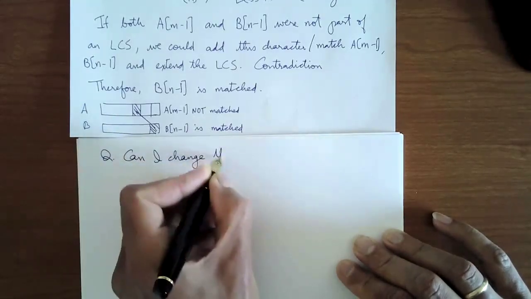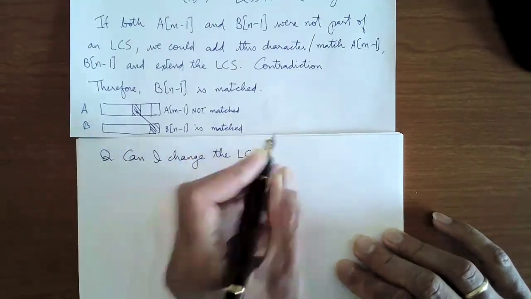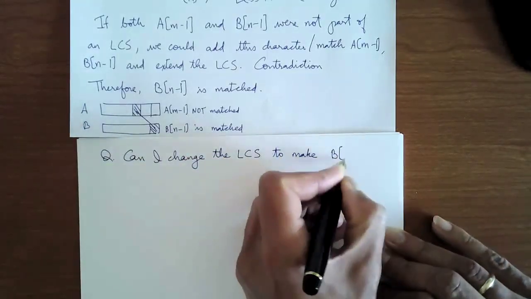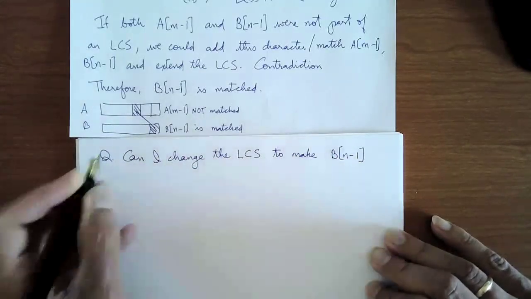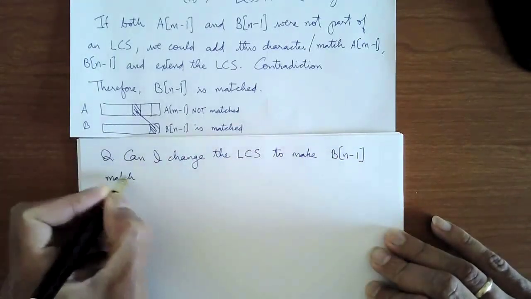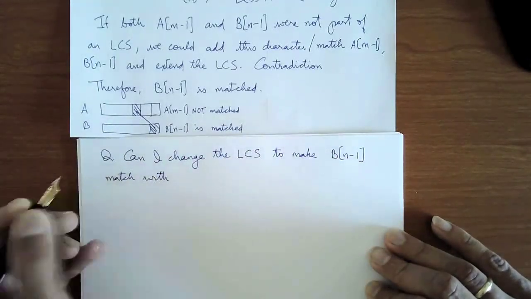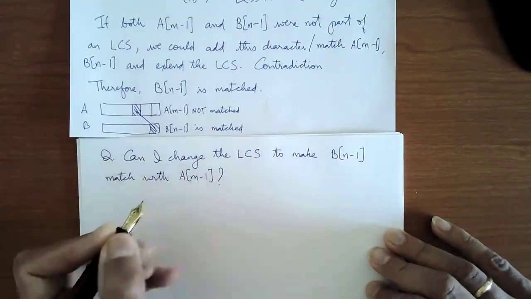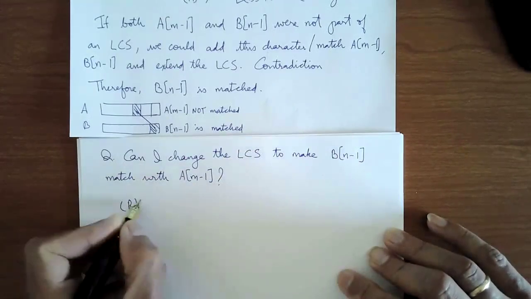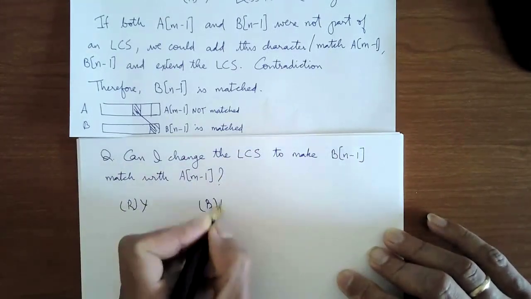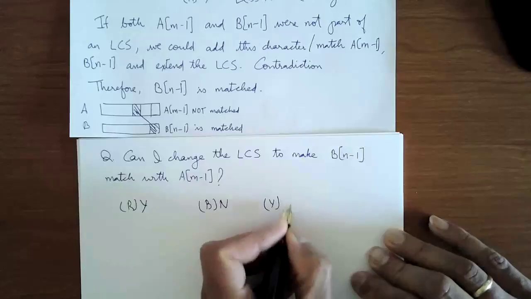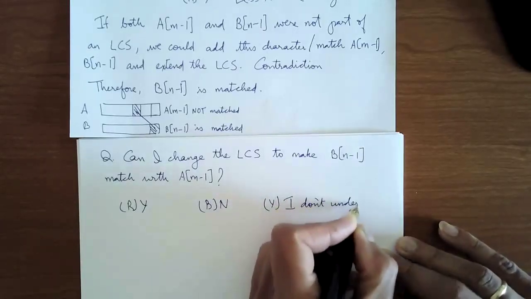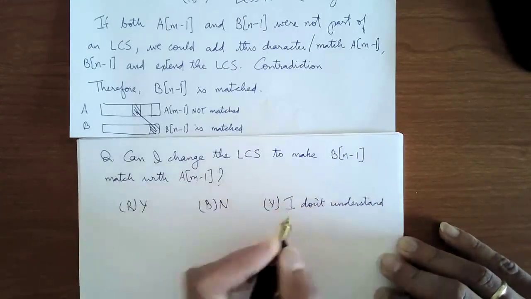Can I change the LCS to make bn-1 match with am-1? Yes? No? Or, I don't understand the question, because I want to make sure that you follow.